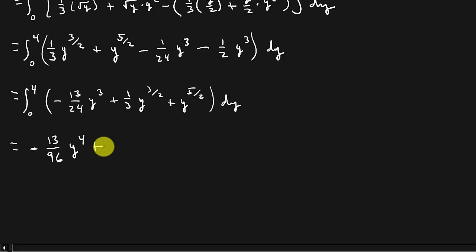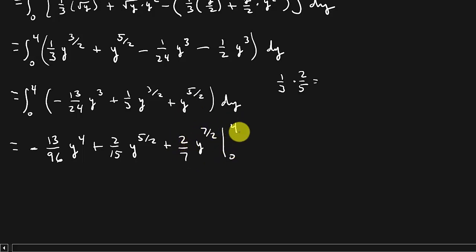And that's going to be plus y to the 5/2. And so I've got to multiply this 1/3 by 2/5, so that's going to be 2 over 15. And then plus, this one is going to be y to the 7/2, and that's going to be 2/7 in front of there, and that's 0 to 4.